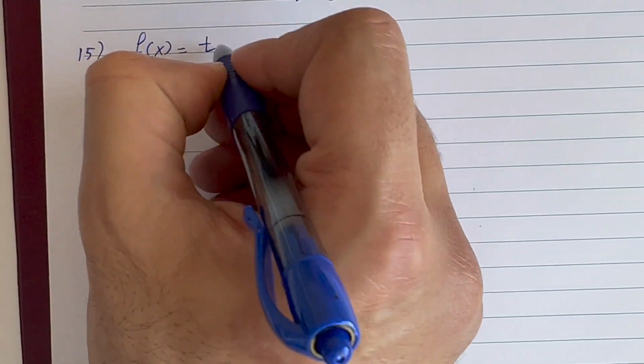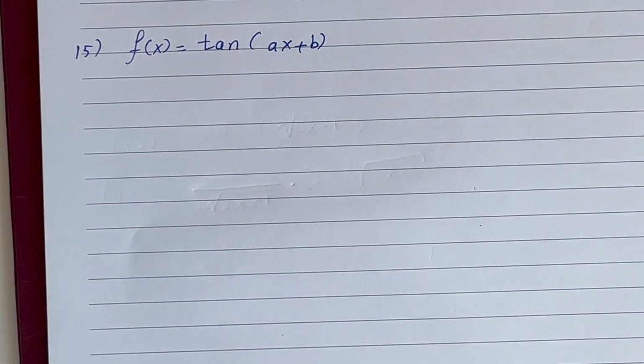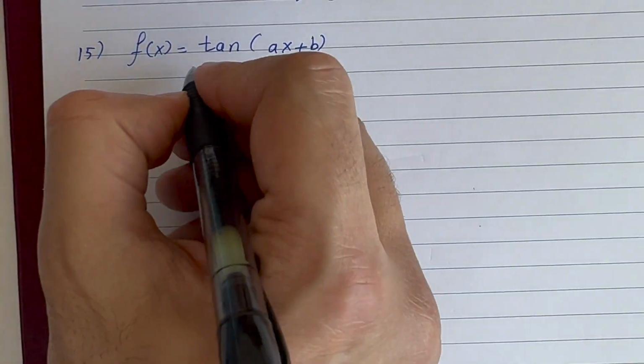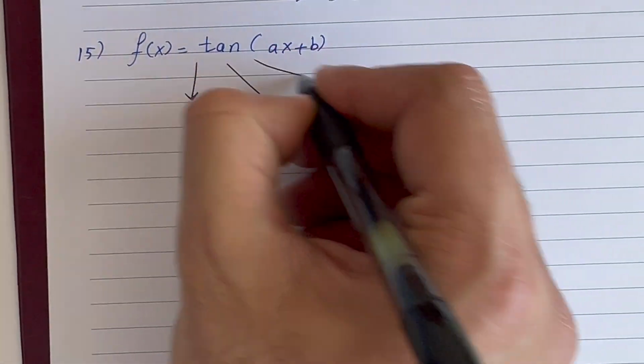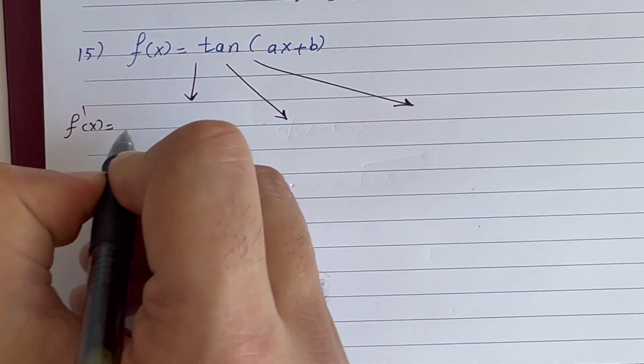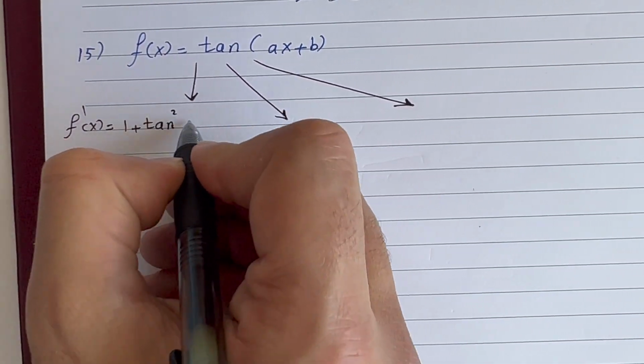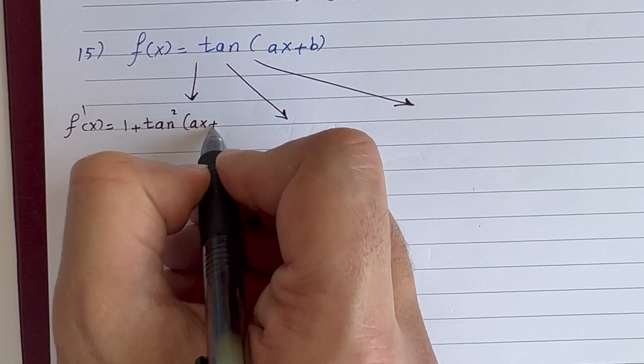Rule number 15. What is the derivative of tan(ax plus b)? What if you have a linear function inside the tan? So the derivative can be written again in 3 ways. It's up to you. f prime x equals 1 plus tan squared the same angle, ax plus b.